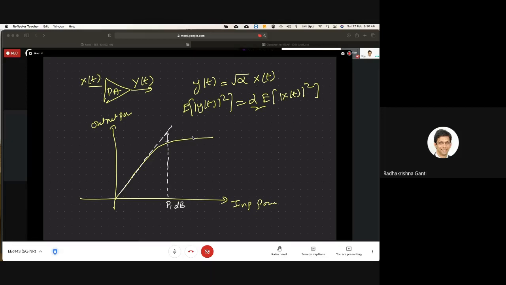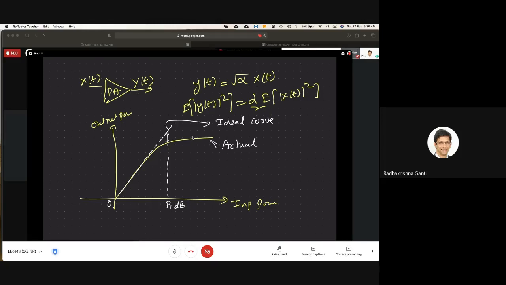If you just do a linear interpolation from the bottom, this is how you want the ideal curve to look. This is the actual curve. The first point at which there is a 1 dB deviation from the ideal, referred to the input, is called the P1 dB compression point. There is also something like this called the P3 dB compression point.